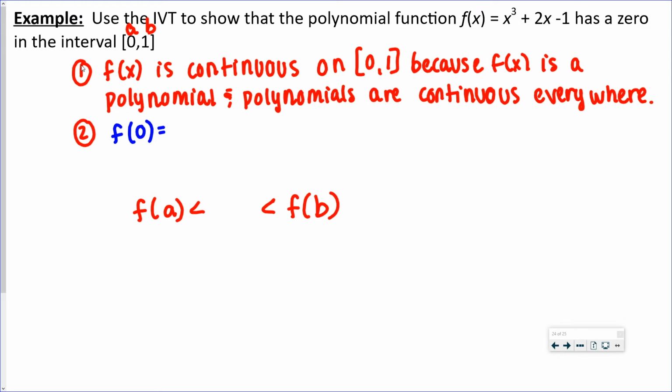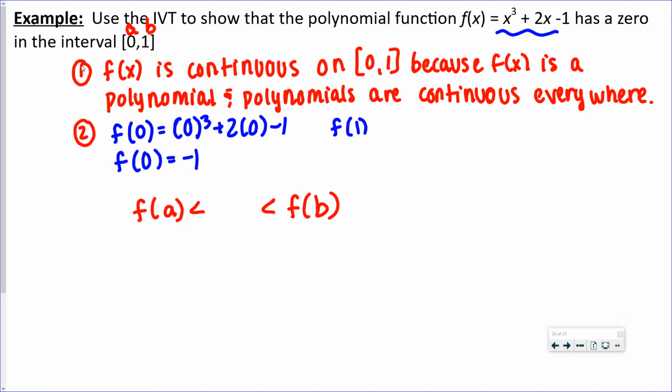So f of 0, I'm going to plug 0 in here to my function, 0 cubed, plus 2 times 0 minus 1. f of 0 is negative 1. Okay. My other endpoint is 1, so I like to find my output there at f of b.